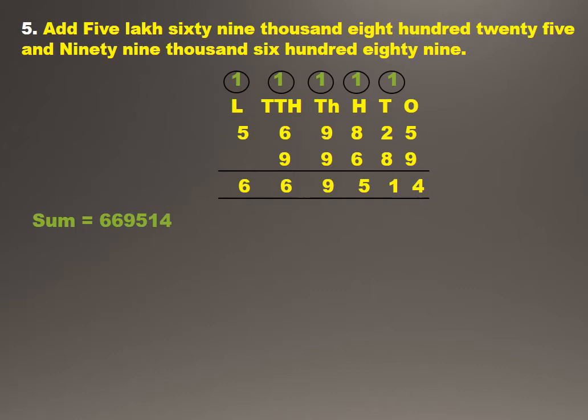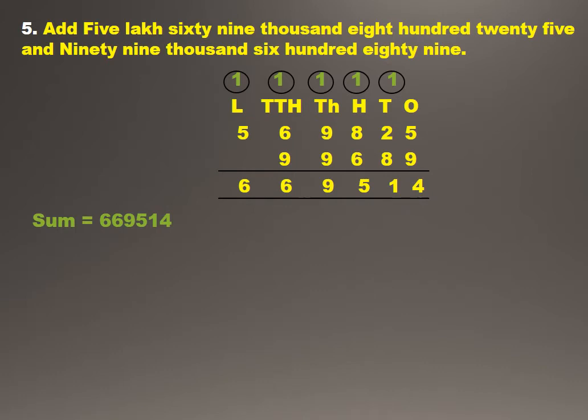Start from ones place. 9 plus 5, 14. Place 4 on ones place and carry forward 1 on tens place. 1 plus 2, 3. 3 plus 8, 11. Place 1 on tens place. Forward 1 to hundreds place. 1 plus 8, 9. 9 plus 6, 15. Place 5 on hundreds place. Forward 1 on thousands place. 1 plus 9, 10. 10 plus 9, 19.